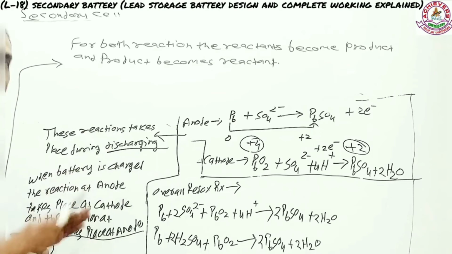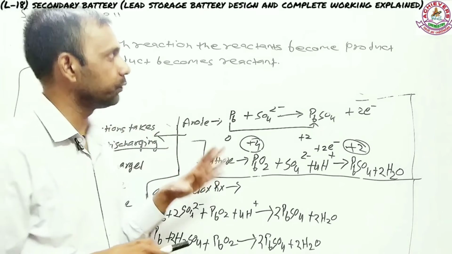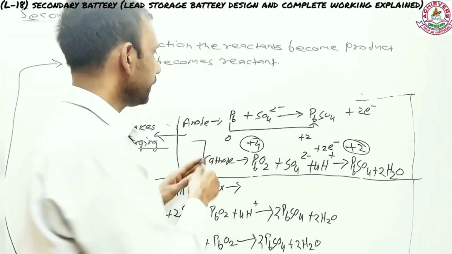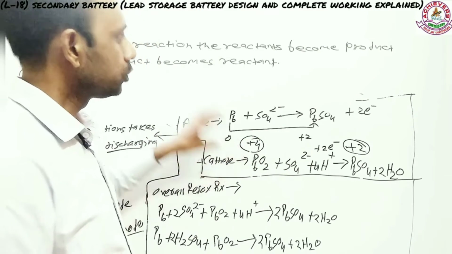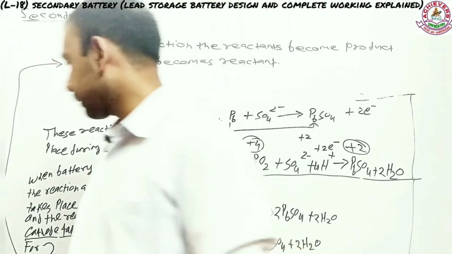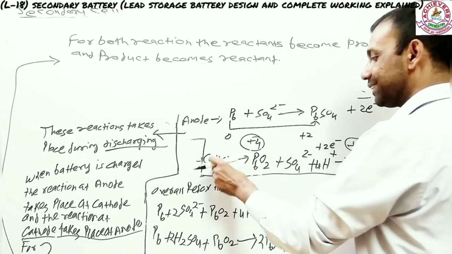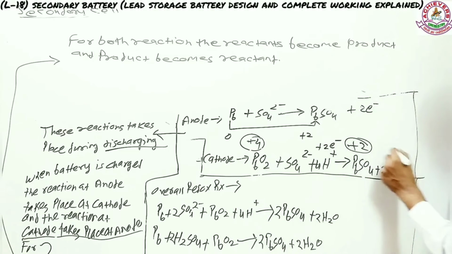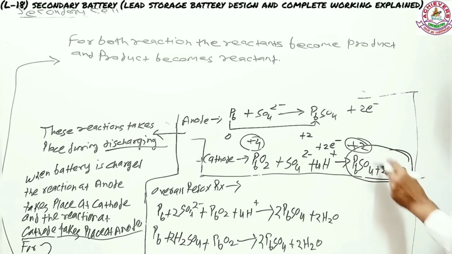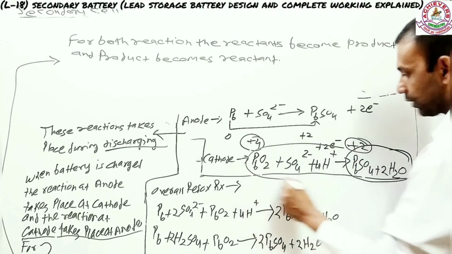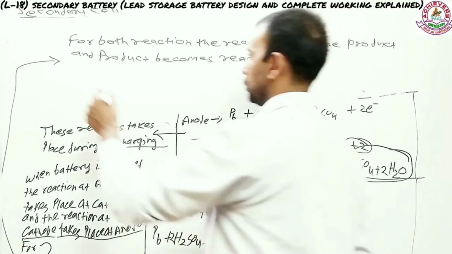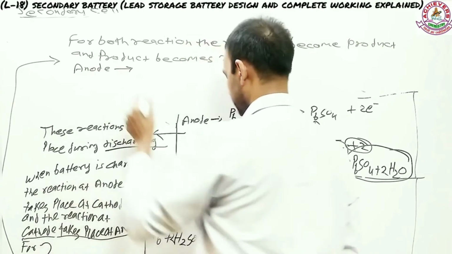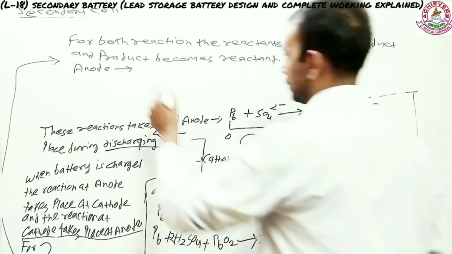And for this, another thing you have to be very careful with is that the reactants become products. For example, if you are writing the anode reaction as a cathode, let me write, okay. So we have this reaction as cathode. So what I'm going to do, I'm making these two as reactants here, and these as products. So anode, right? So I'm making this one as reactant.